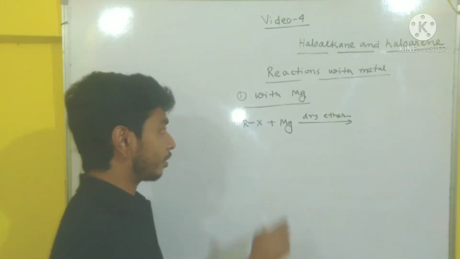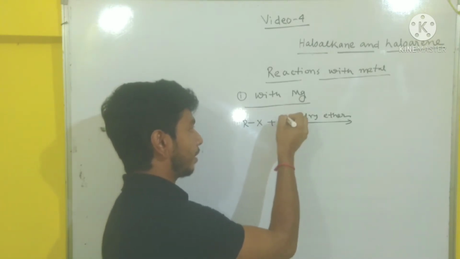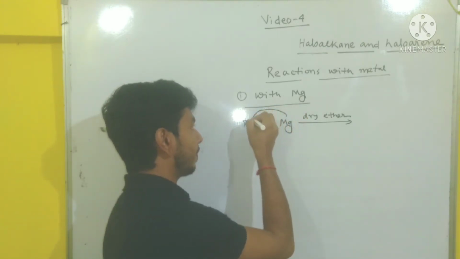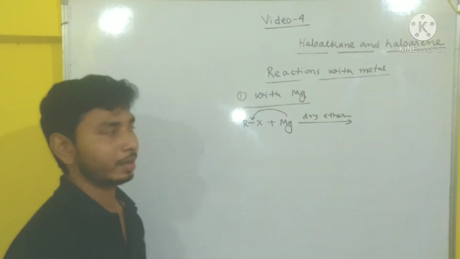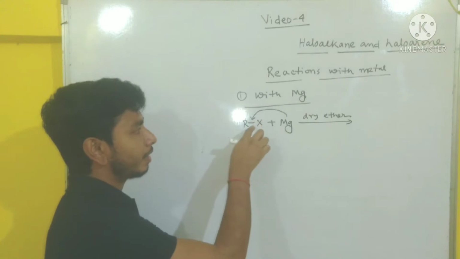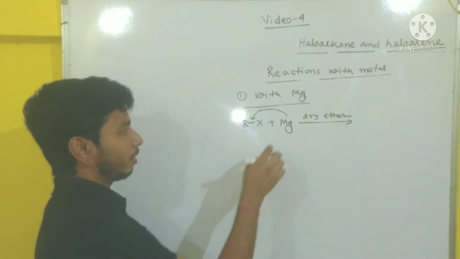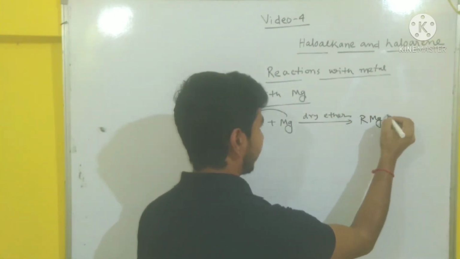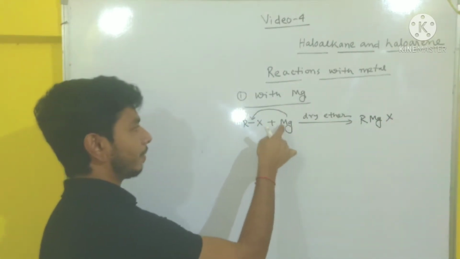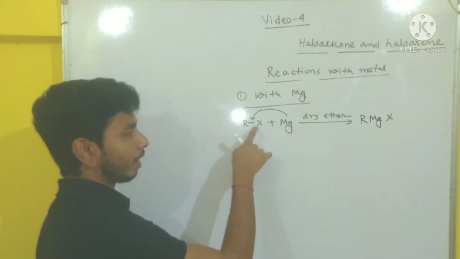When the reaction is done with magnesium, the magnesium goes in between the alkyl group and halogen. That is, magnesium gets inserted between the alkyl group and halogen group. So the product will be RMgX. This magnesium gets inserted between the carbon and halogen.